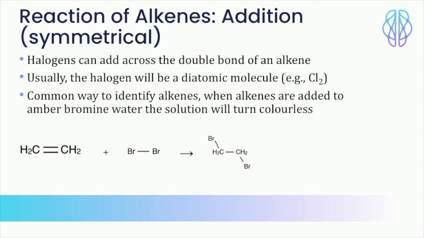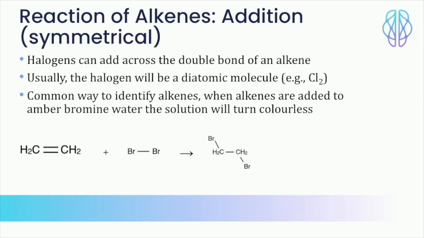Long story short, you can see that the bromine was added across the double bond, one on either side, and both of the bromine atoms were accepted, unlike the alkane substitution reaction, in which case only one was accepted. Don't worry too much about the mechanism. It helps you understand it, but it's not essential that you memorize it.